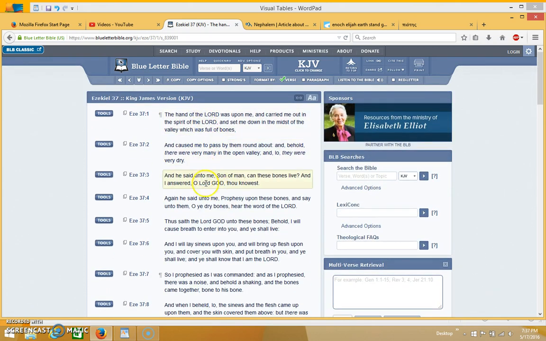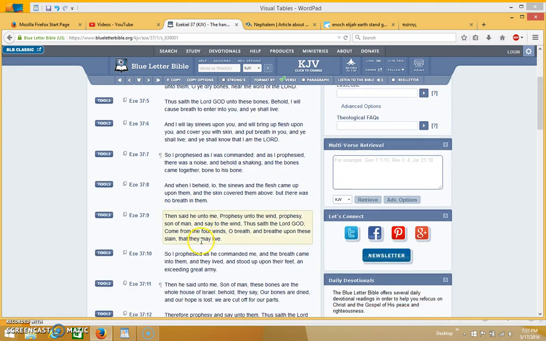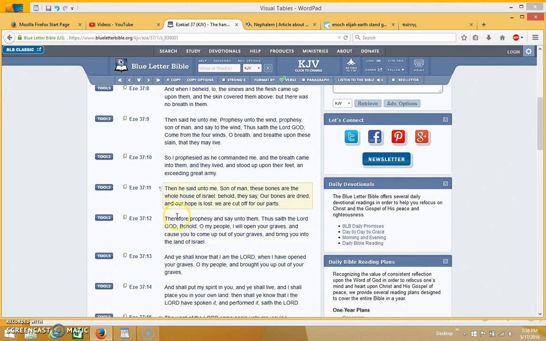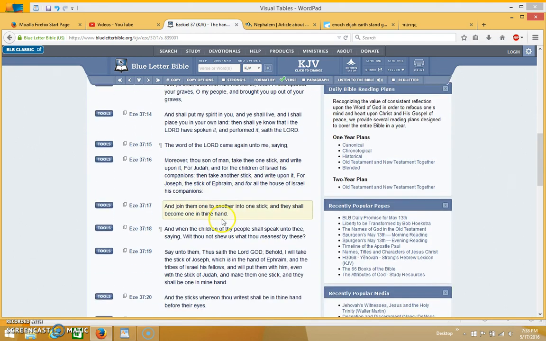I know that people teach that this is referring to Israel becoming a nation, which may be one layer of meaning to this prophecy, but I think it's primarily talking about the resurrection. And then it goes on to talk about two sticks, and you see that over here. It says, "Moreover, thou son of man, take thee one stick and write upon it for Judah, and for the children of Israel, his companions.